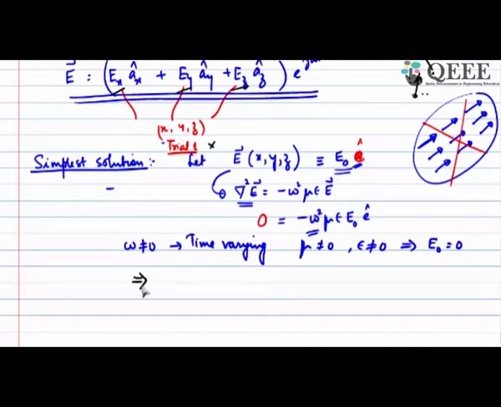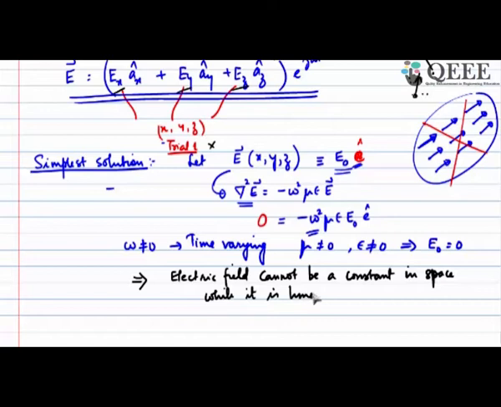So the conclusion from here is that the electric field cannot be a constant in space while it is time varying, provided it satisfies Maxwell's equations.